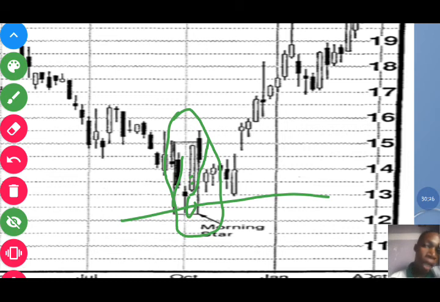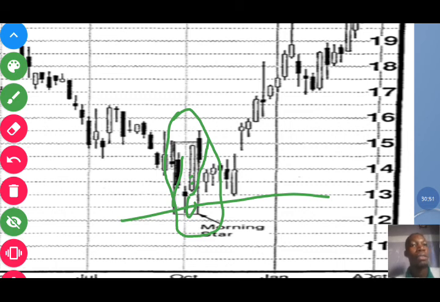The reason I used another color of chart for this is because I want you to be able to identify this candlestick pattern in any color of chart that you are using. But I strongly recommend you use the green and red chart on any kind of background you want.